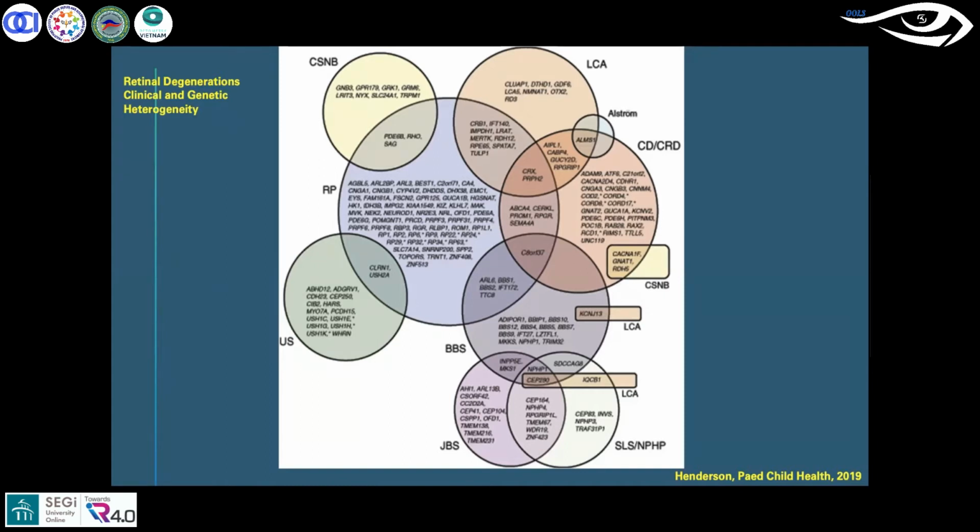Okay. For example, as you can see in these circles, you can take a gene like rhodopsin. Rhodopsin can cause retinitis pigmentosa, and it can also cause congenital stationary night blindness. So when somebody comes and does a genetic screening and comes with a rhodopsin mutation and wants to know what the child is going to get, you have to be pretty guarded.